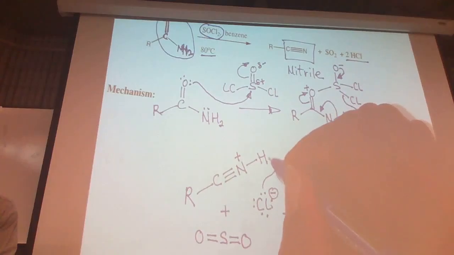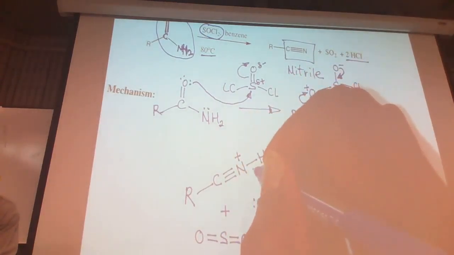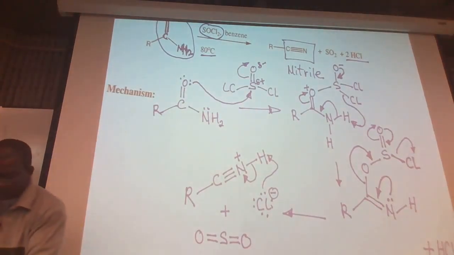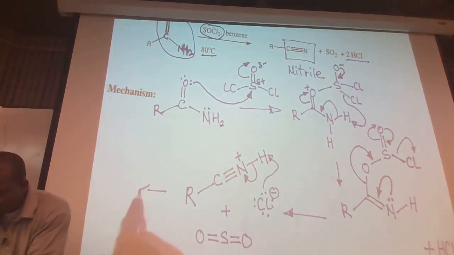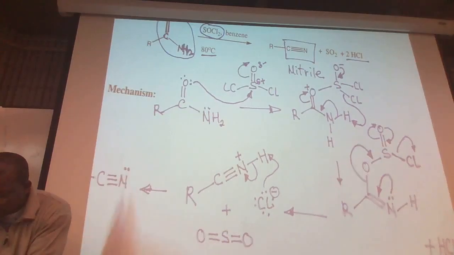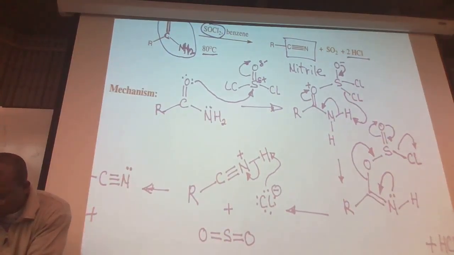And this can pick up the hydrogen, and you regenerate the lone pair of electrons on the nitrogen. That's how you obtain your nitrile with the second equivalent of HCl plus SO2.